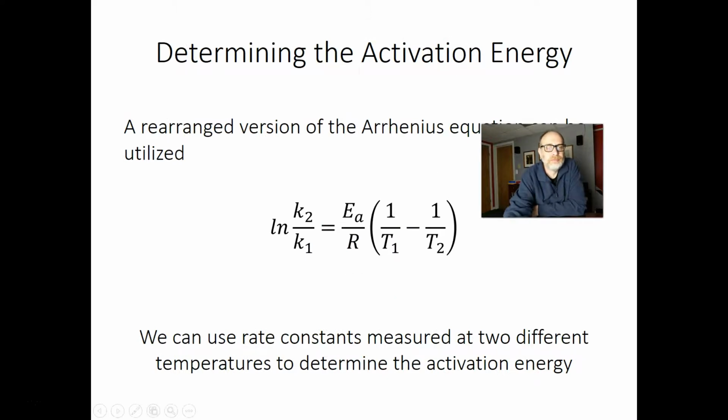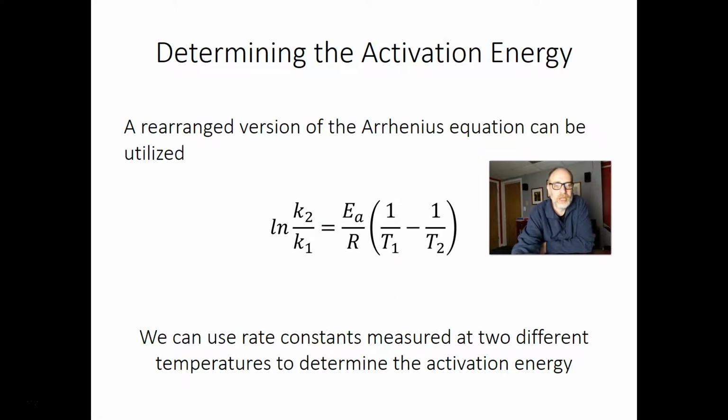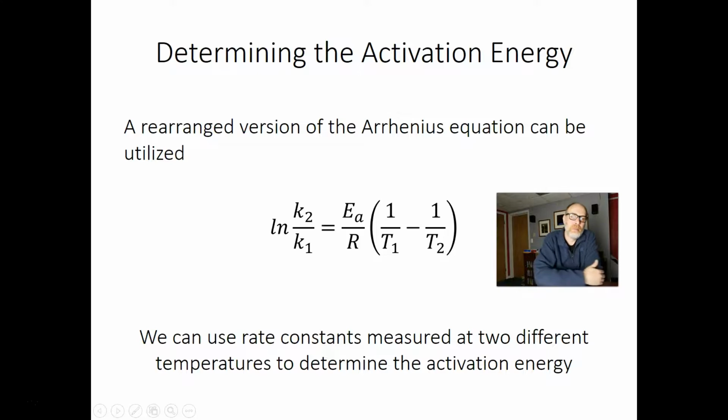All right, so you can rearrange the Arrhenius equation to produce an expression that we can use if we know the rate constant at two different temperatures. So maybe at room temperature, we measure the rate constant, and at 100 degrees C, we measure the rate constant.